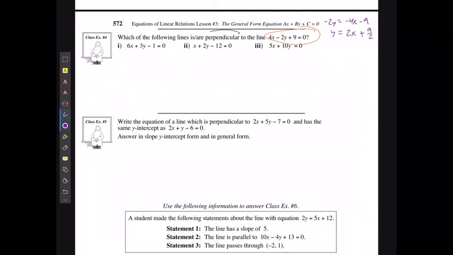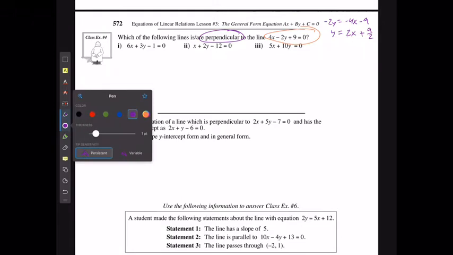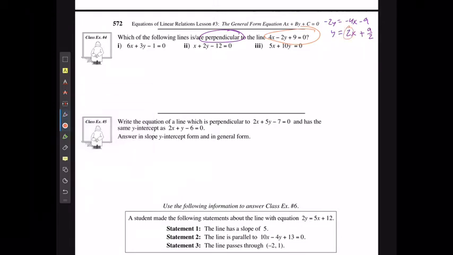If it's asking if it is perpendicular, then if in my original equation I have a slope of 2, I'm looking for ones that now have a slope of negative 1 over 2.